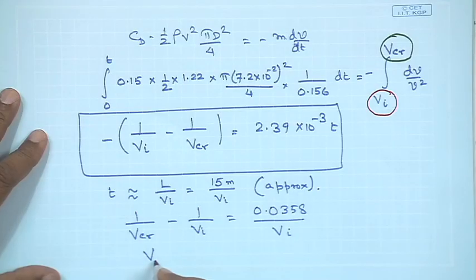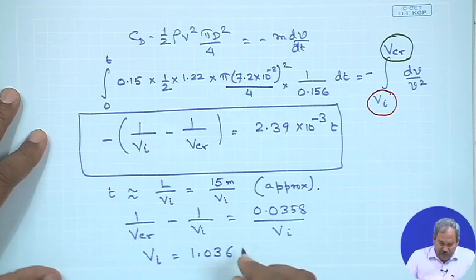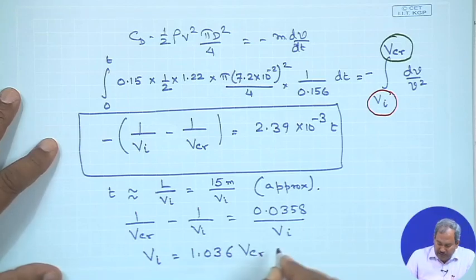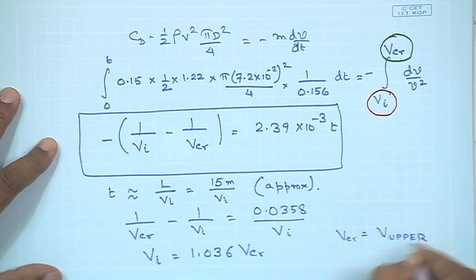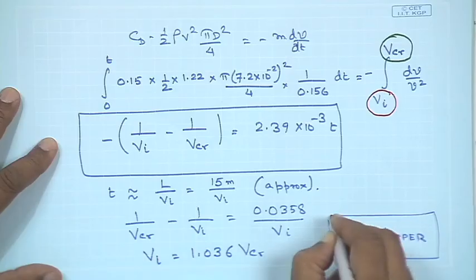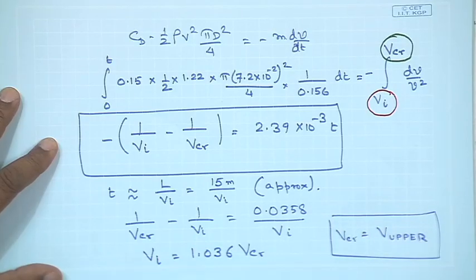So let's work out the numbers, and it would be interesting to see what the velocity of delivery of the ball should be. If you put in the numbers, the velocity of the ball should be equal to 1.0336 V critical, and this V critical is essentially the V upper that we obtained in the previous case.